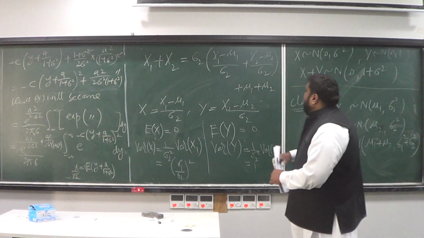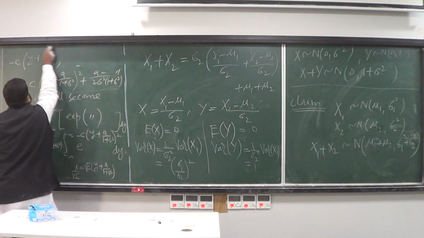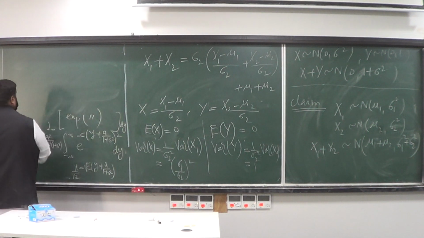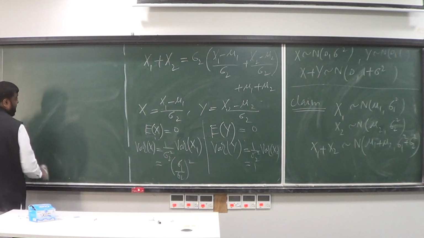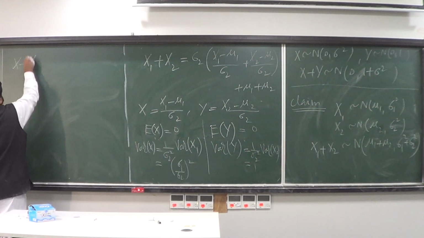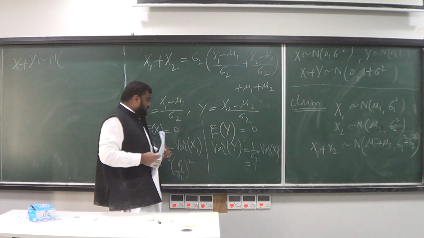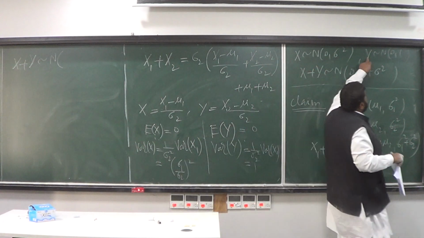Now here's an interesting thing. Now I know that x plus y is normally distributed. So x is like 0, sigma square, and y is 0, 1.